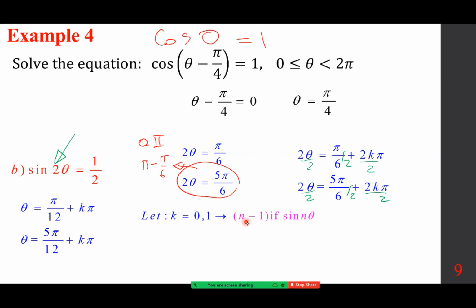For example, when we plug in 0, obviously we get pi over 12 here, 5 pi over 12 here. But if we plug in 1 here, just as an example, the first one, this becomes pi over 12 plus pi, and that means 13 pi over 12.